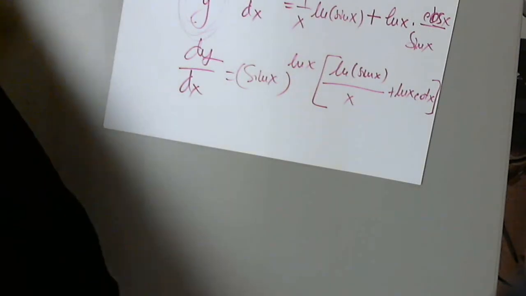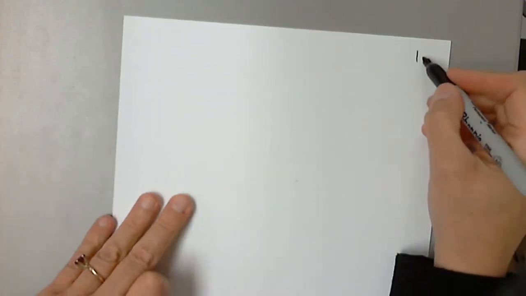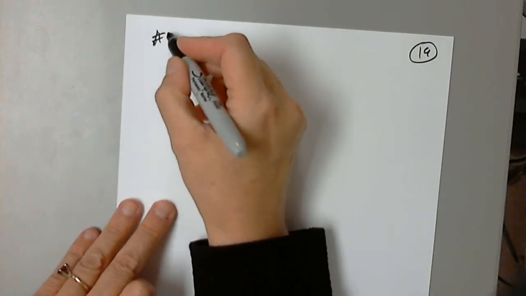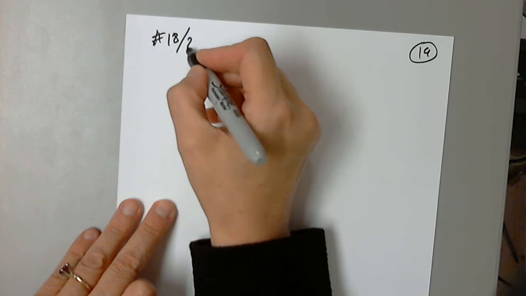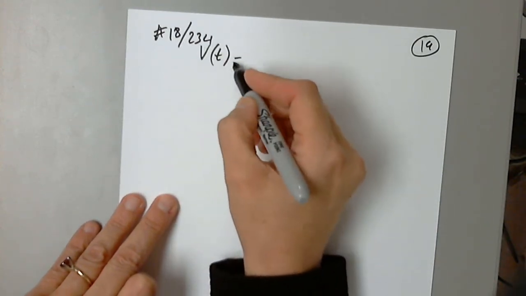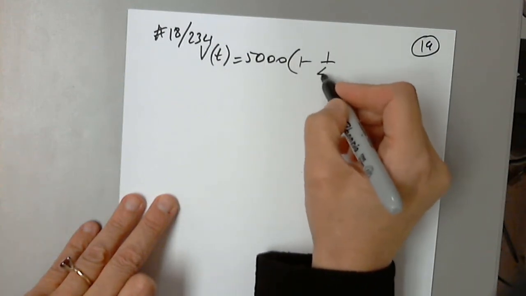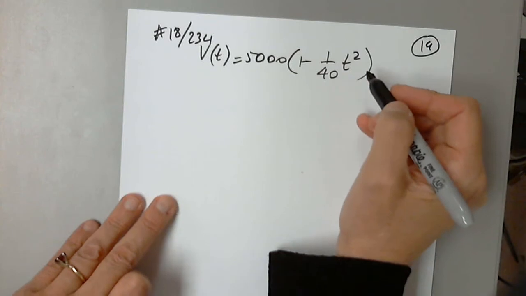So we're going to copy the function. This is problem 18 on page 234. And the volume of t equals 5,000 times 1 minus 1 over 40 t squared, I think.